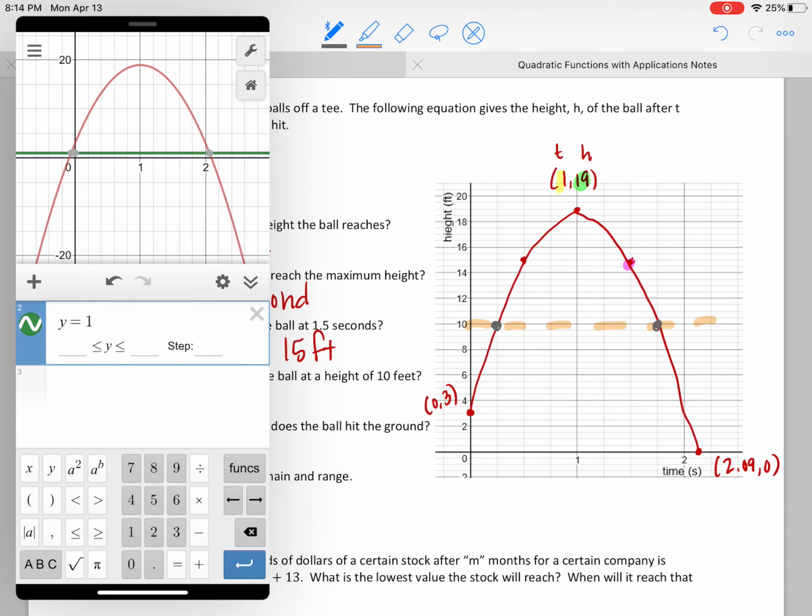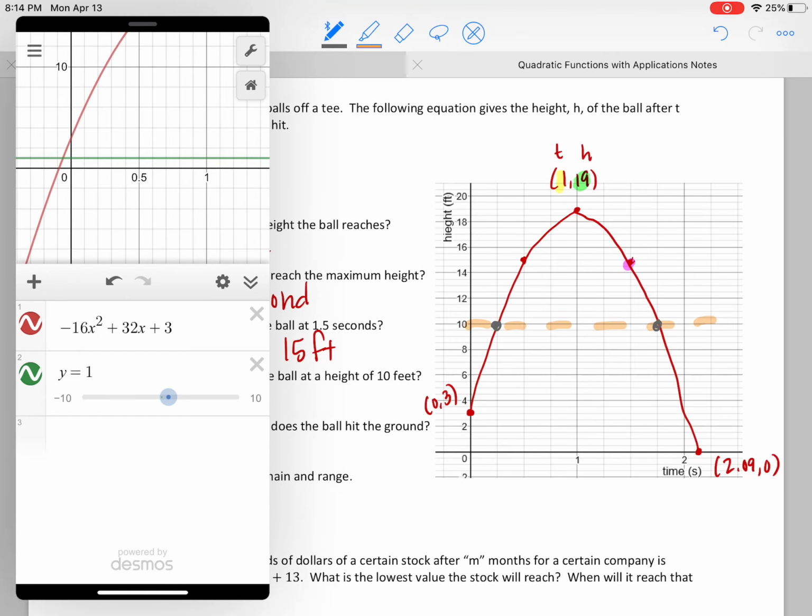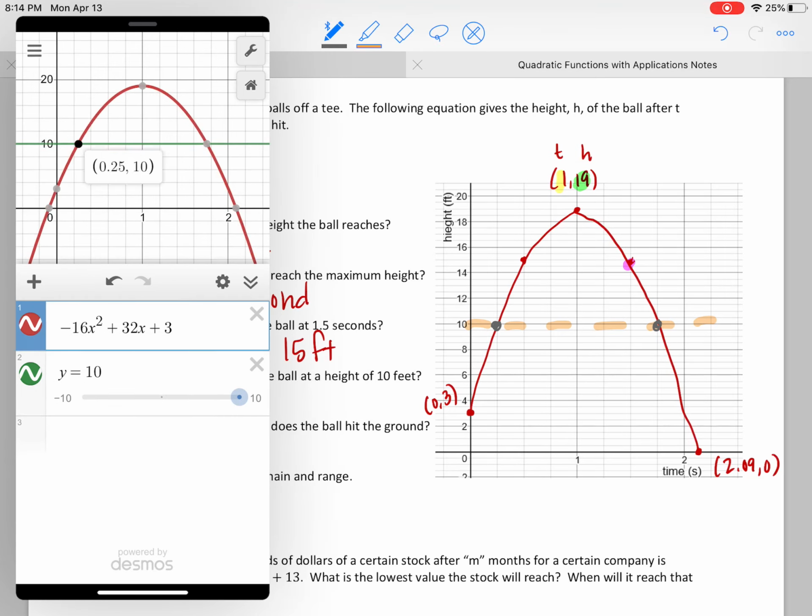Now it shows that same line that I just drew in there, at 10. Then I can tap on those intersections to see. This point is at 0.25 and 10.